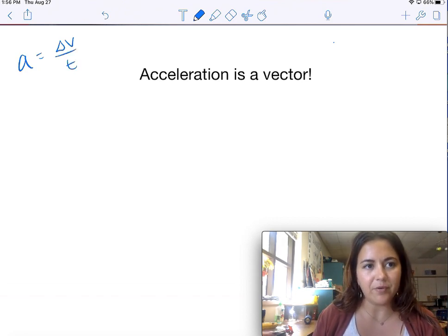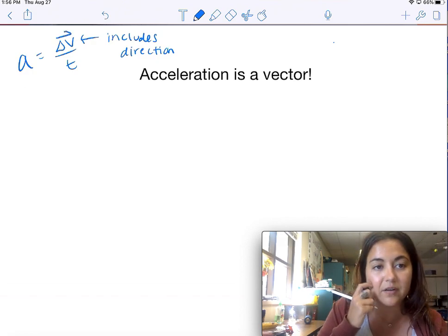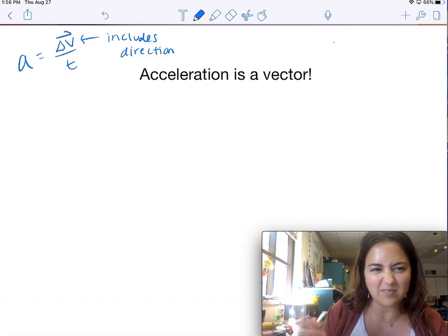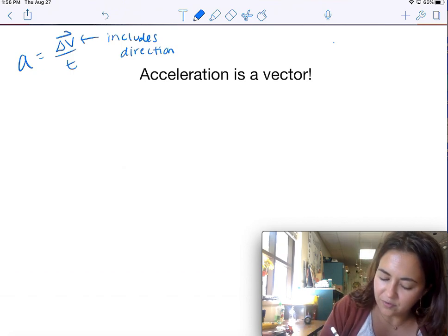Well, maybe you remember from Unit 1 that velocity is a vector, which means it includes direction in the measurement. I'm going to draw the little vector symbol right here so you can know what that is. You don't need to remember it, I'm just showing you. Maybe you remember the equation for velocity. Now it seems like a long time ago.